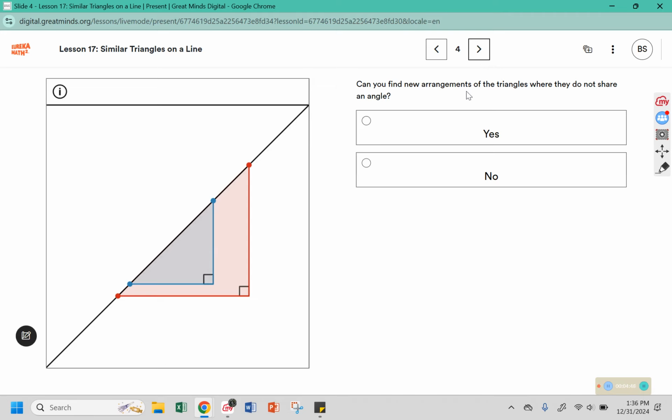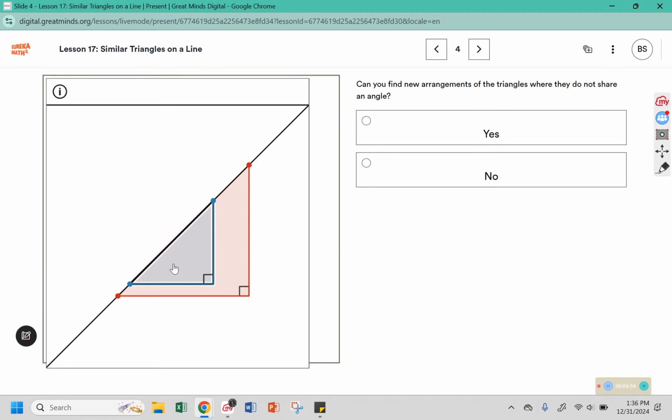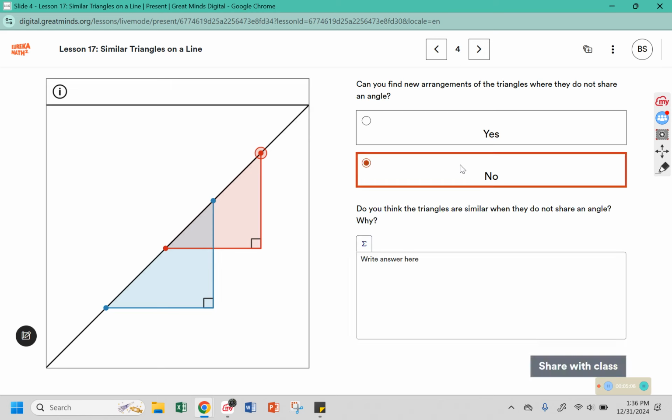Can you find new arrangements of triangles where they do not share an angle? No, all of them have a right angle.